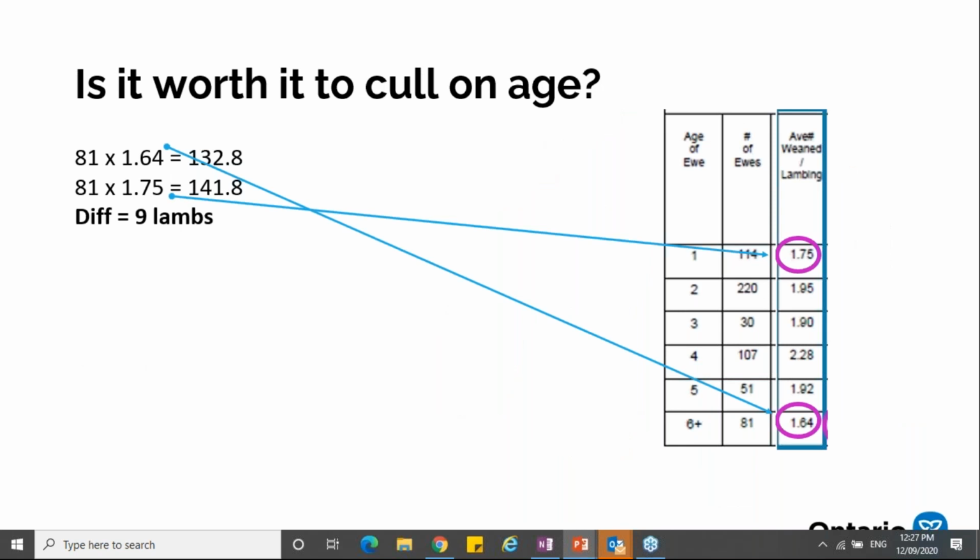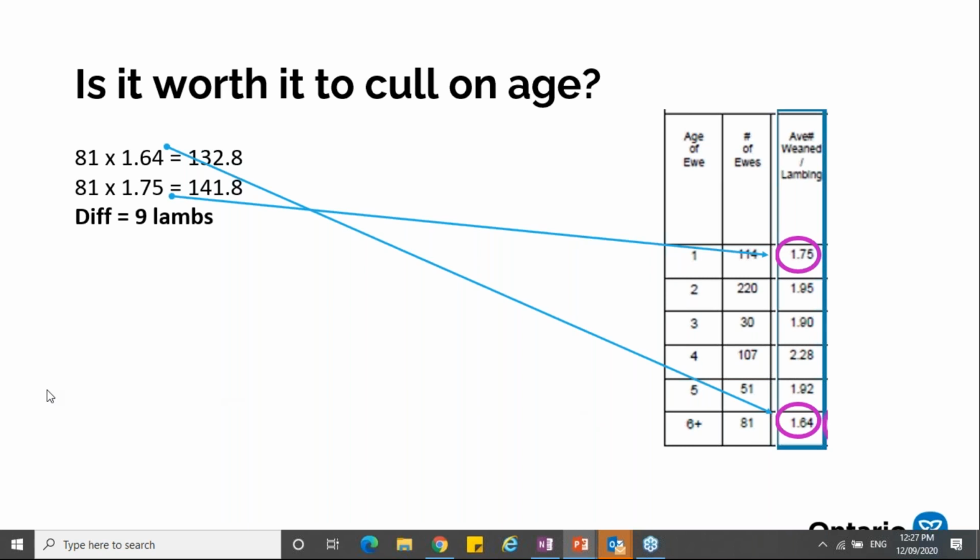So back to this age thing, like this is part of this table that we looked at earlier. And so I've got the age of the ewe here, and then we've got the number that were raised. And so, is it worth it? Should we just cull these 6-year-old ewes?